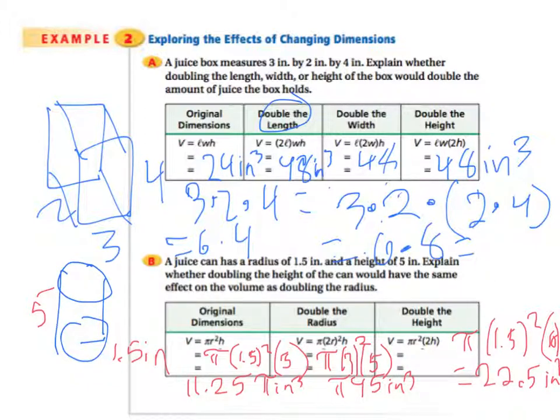And what we notice is that when we double the height, the volume is doubled. So 22.5 is double 11.25. When we double the radius, it is 4 times the volume. So this is 4 times the original volume.